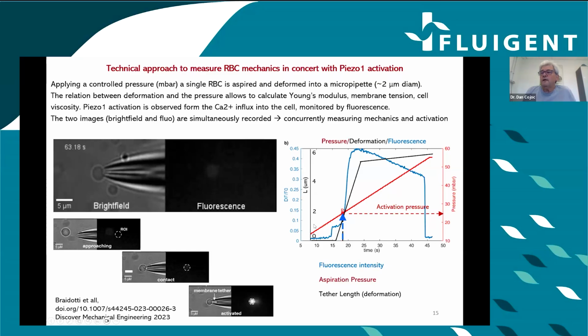So we have a relation with the pressure. We increase the pressure gradually. We measure the deformation of the cell, that is a tether inside the pipette, and we measure the fluorescence signal, and we define the activation as the moment in which the fluorescence signal begins to rise, to grow very fast, as you can see around the point P. What we have before, for instance in this step, is the contact between the cell and the pipette.